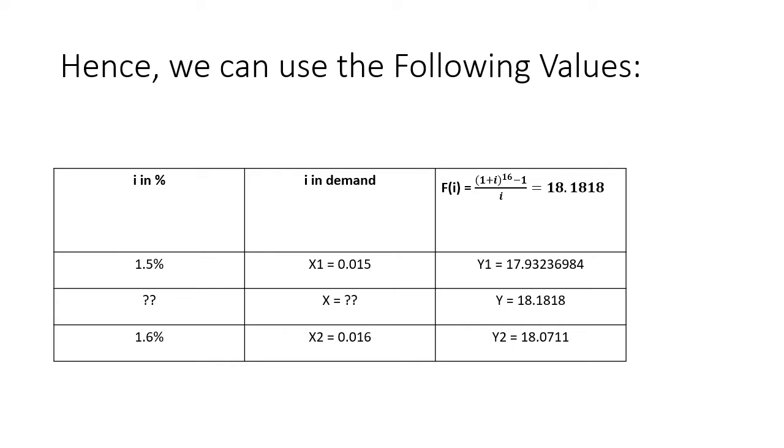The last one is 1.6%. This is our x2, which is equal to 0.016, and y2, which is 18.0711. This value is got from substituting 0.016 in place of I into the equation.